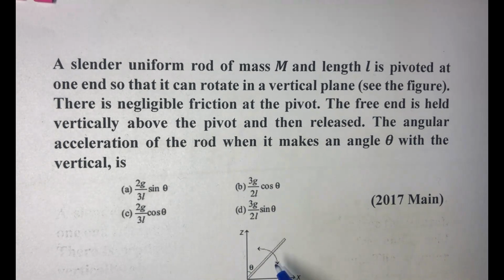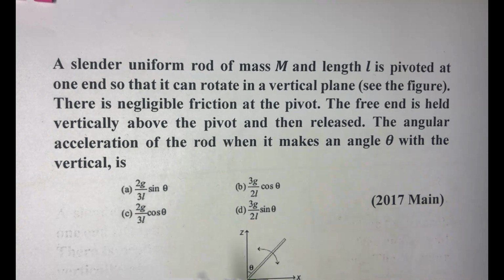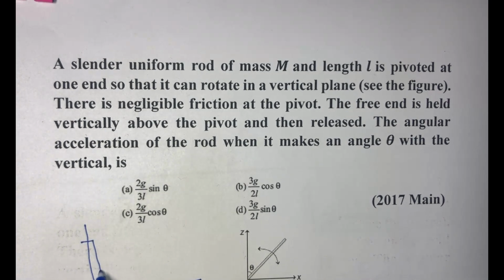So this is the rod, the pivot point, and the rod is making an angle of theta with the vertical, and initially it is said that this rod is in a vertical position. So let us say this is the initial position of the rod.